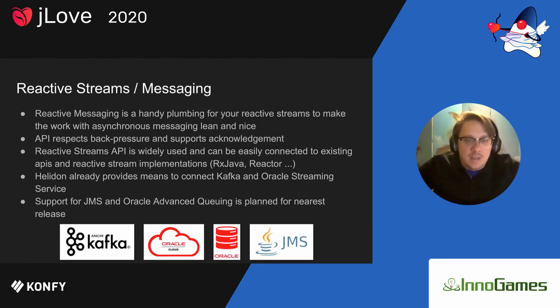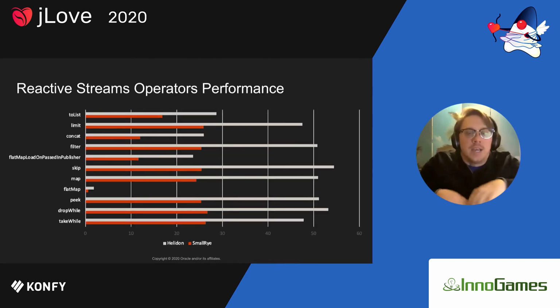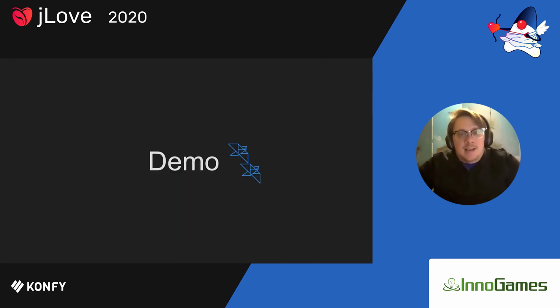There's nothing special you have to do. You get it out of the box, and as a result, it is extremely fast. If we compare it to some other frameworks, the more the better. And in this graph especially, you get almost twice the performance you have from the competitors. So we are fast. And let me show you a really small demo.